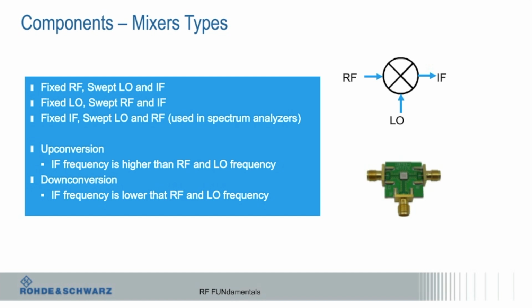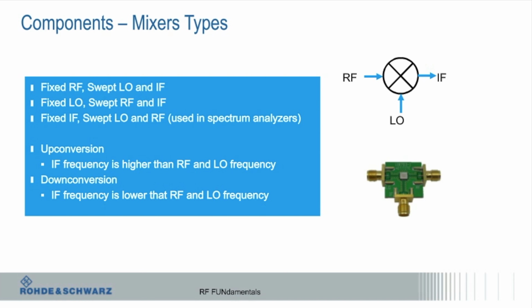It's taking a high frequency and giving you out a low frequency. So basically I need two sources to test this part. I need an RF, a high frequency, an LO, probably a reasonably high frequency, and I get out a lower frequency. This is usually an integral part of most radios, particularly a superhet radio, which is the most common architecture.